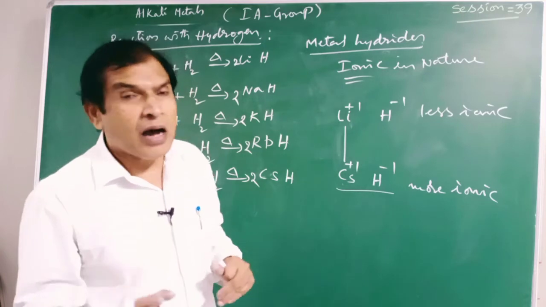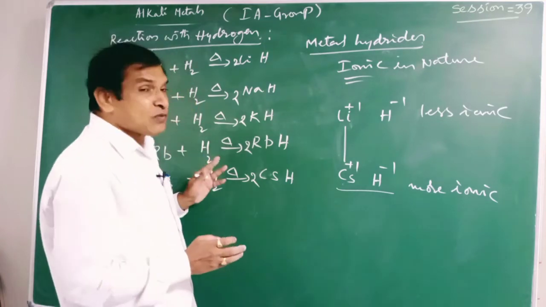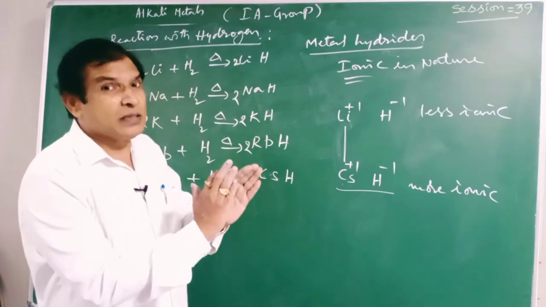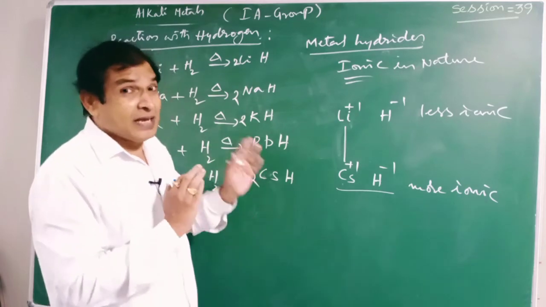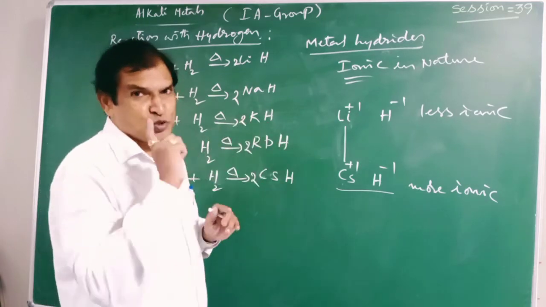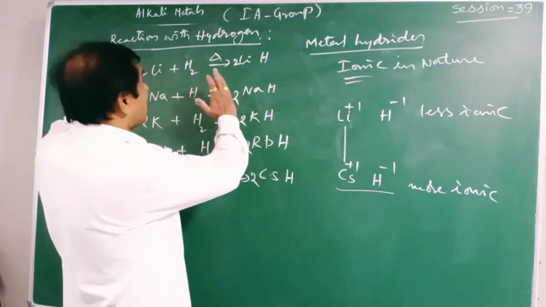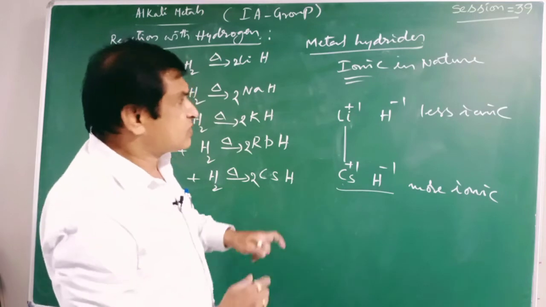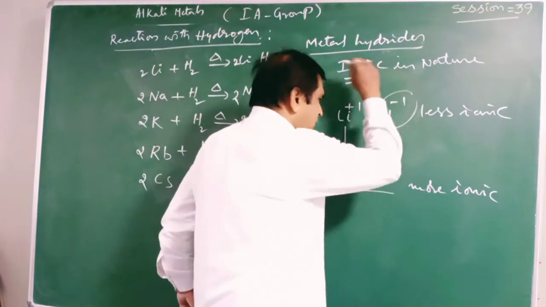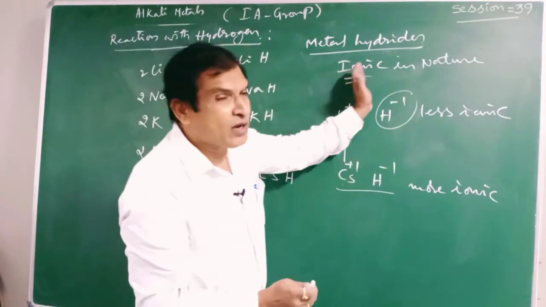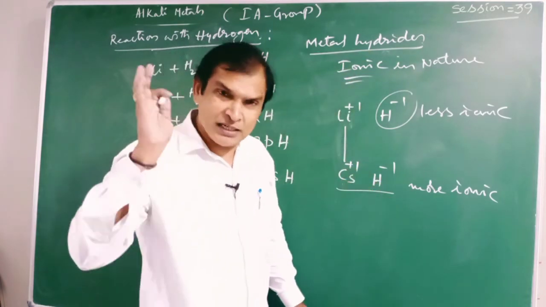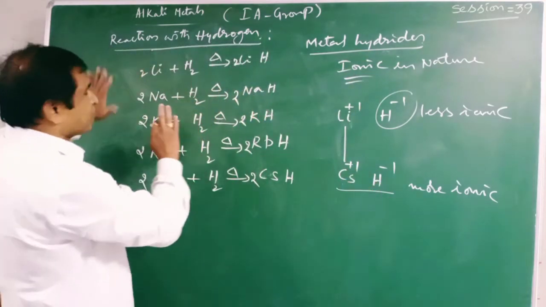Reaction with water forms hydroxides and liberates hydrogen; the reaction is highly exothermic and explosive. Reaction with hydrogen forms hydrides, in which hydrogen exhibits -1. These hydrides are ionic in nature, and from top to bottom the ionic nature of the hydrides increases.